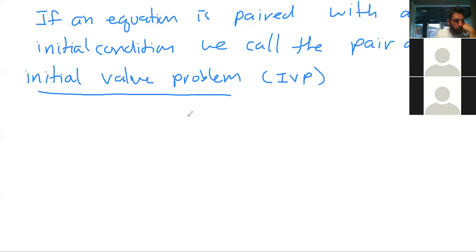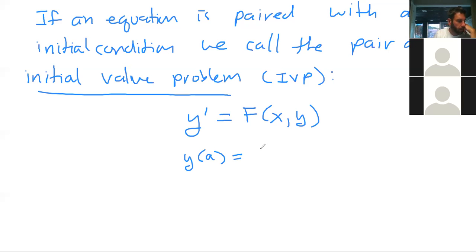So this would come like y prime equals some expression in, say, x comma y, and then it comes as a pair that when you plug in A, it spits out some other number B.